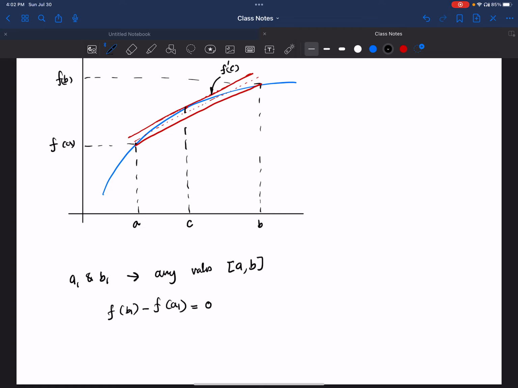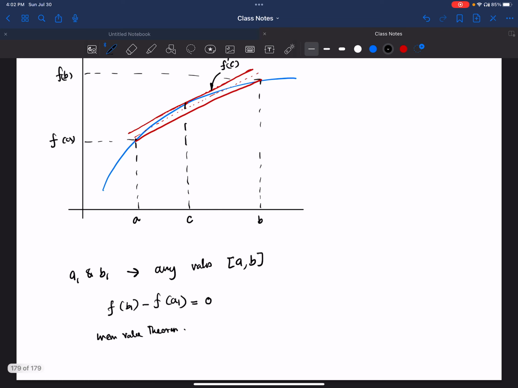But from the mean value theorem, I see that f of B1 minus f of A1 is equal to f prime of some C1 value times B1 minus A1. And you obviously know that B1 minus A1 is not equal to 0 because A1 and B1 are two distinct values.